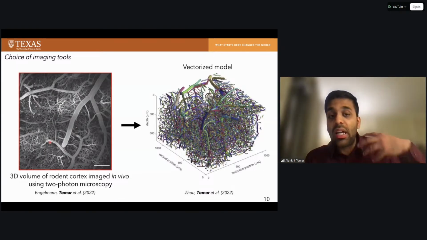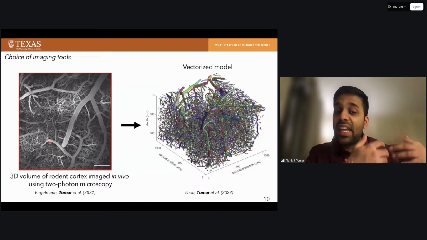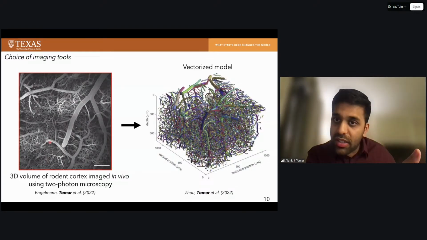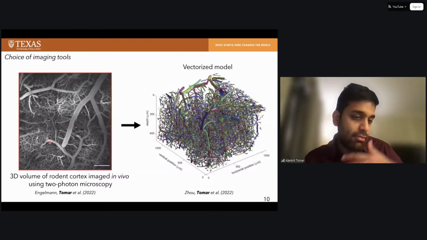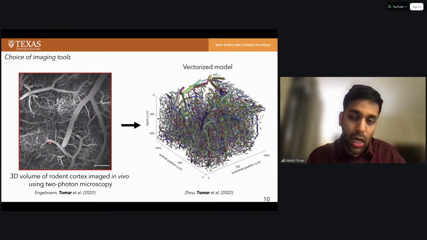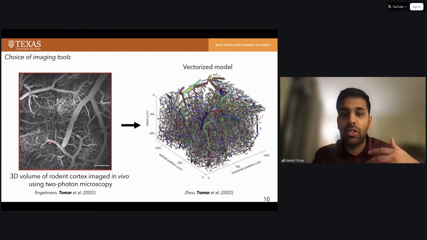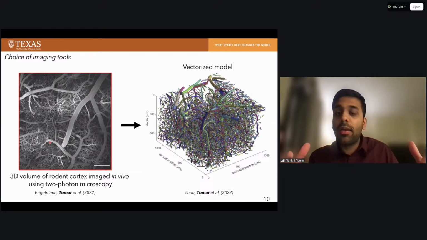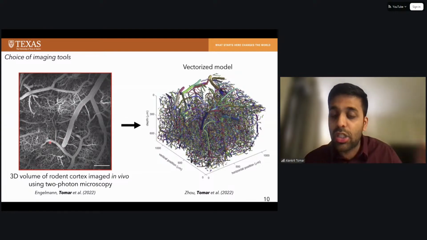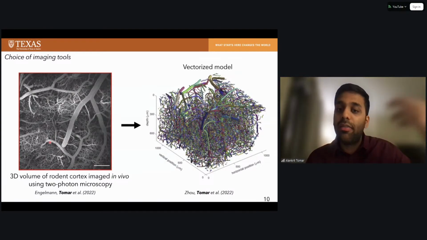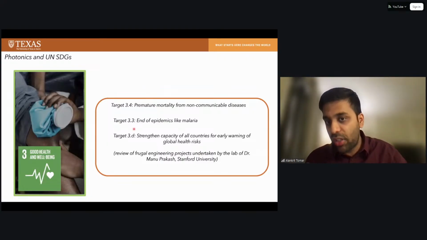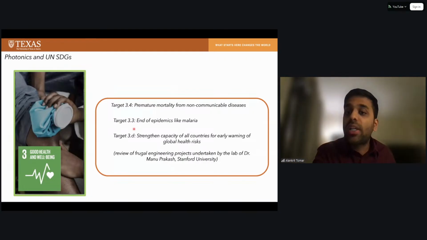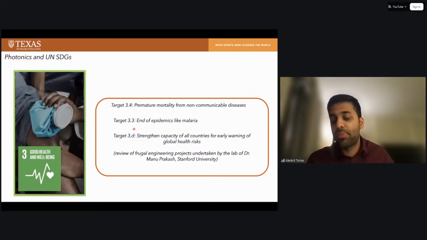And further, this microscopy technique can help us create drugs for treatment of these non-communicable diseases, let's say, a cardiovascular disease or Parkinson's or Alzheimer's. So this is where my research, which is an example of advanced academic research, can play a role in advancing the UN SDGs. And the first one, which I've discussed, is premature mortality from non-communicable diseases.